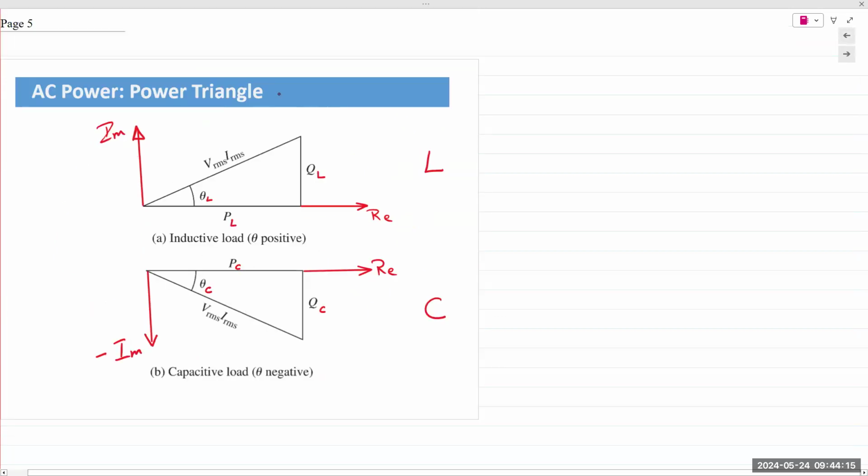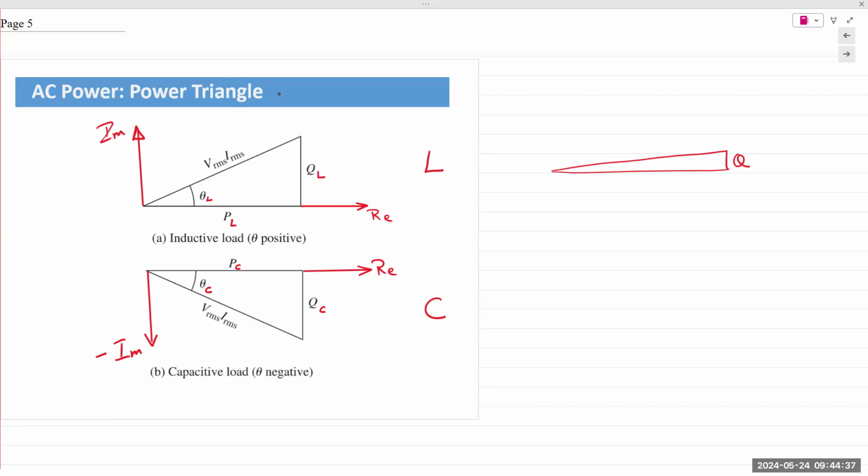The source wants to send as little Q as possible. We want that Q to be very small. We want that angle to be very small. We want that Q to be as close to zero as possible. Real life, of course, is not possible, but the goal is to have as small a value for QL as possible.